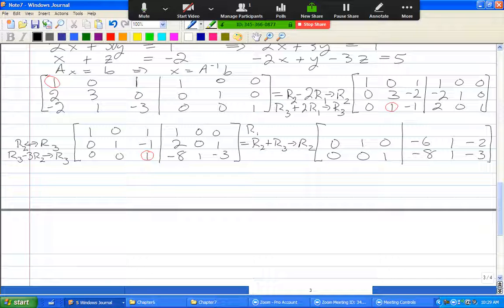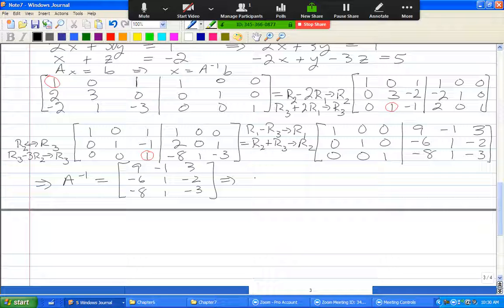Let's subtract R1 minus R3 to get a new R1. 1 minus 0, 0 minus 0, 1 minus 1, 1 minus a negative 8, 1 plus 8, 0 minus 1, 0 minus a negative 3. Okay, so this says that A inverse is just 9, negative 6, negative 8, negative 1, 1, 1, 3, negative 2, negative 3.